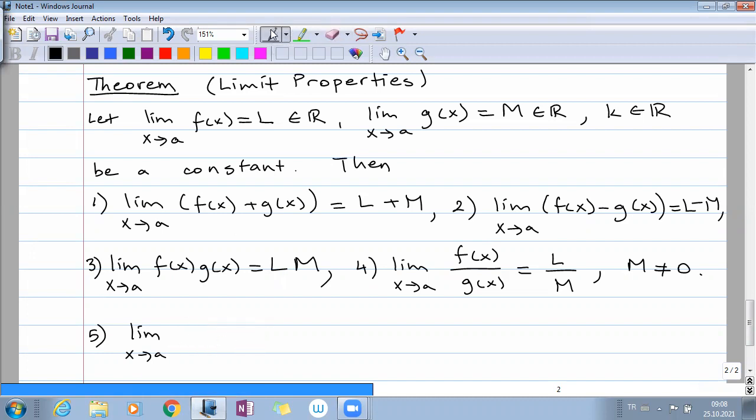You can think of it as a special case of property 3: the limit of the constant k times the limit of the function f, and the limit of the constant k is again the constant k. So this is k times L.